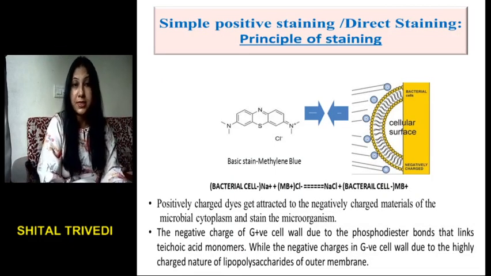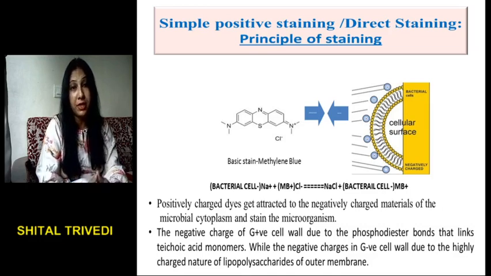Let's see about the simple positive staining technique. The principle behind the staining of the organisms in this technique is that the microorganism in neutral medium attains a negative charge, and that may be because of the anionic phosphate group present in teichoic acid or the lipopolysaccharide.